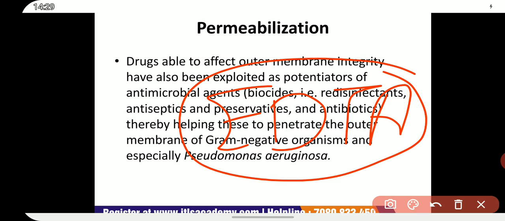Vaara has extensively reviewed the subject of permeabilization, and Ayres, Furr and Russell have described a rapid method of evaluating the permeabilization of Pseudomonas aeruginosa.